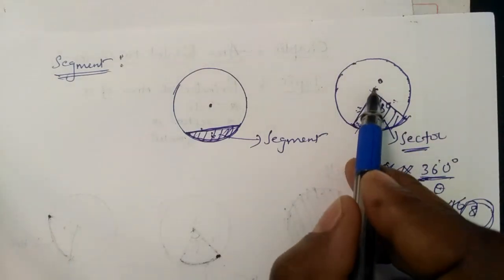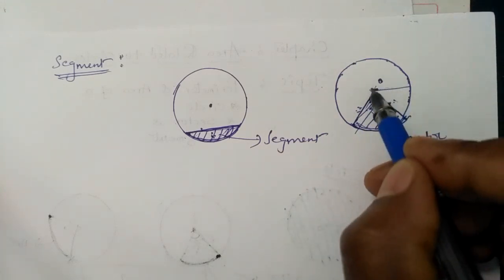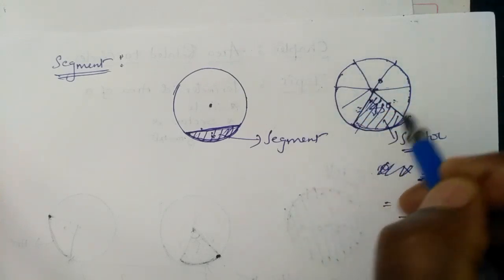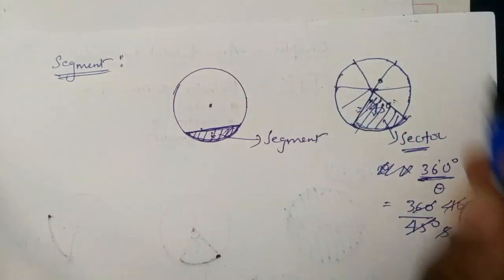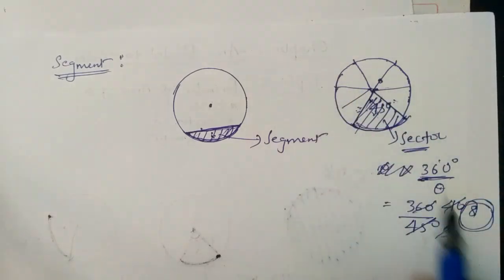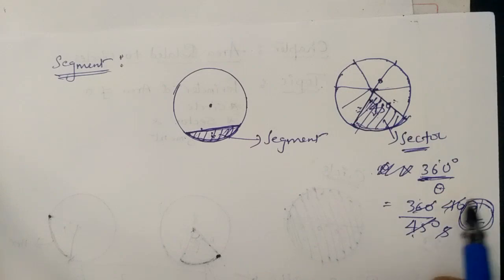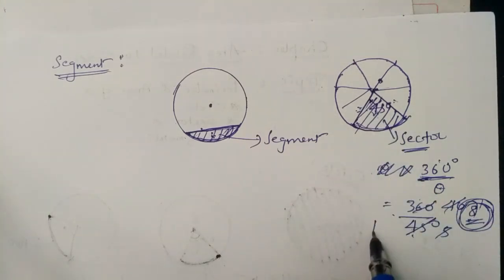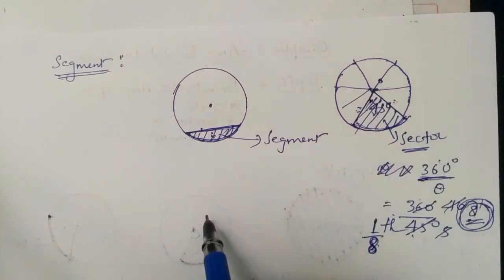One part is a 45-degree sector, another 45 degrees, another, and another. If you mark 8 parts, the whole circle is complete. The whole circle is 360 degrees, the given sector is 45 degrees, and dividing both we get 8. This 8 means the whole circle is divided into 8 parts, and one part is this sector. So this sector is 1 by 8th part of the circle. If you make 8 parts of the total circle, that 8th part is one sector.